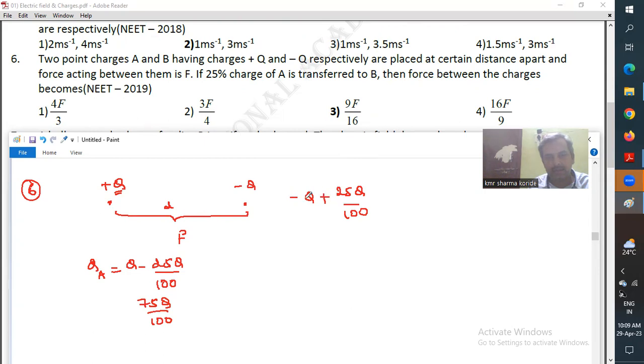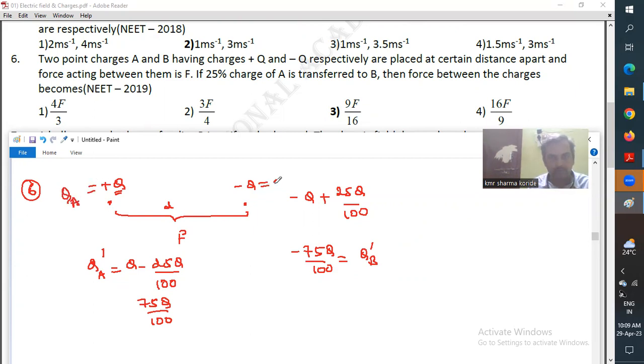Then here, this is going to be again 75, negative, 75Q by 100. So you call this QB dash, the new charge, and this is QA dash. Earlier, QA is Q only.